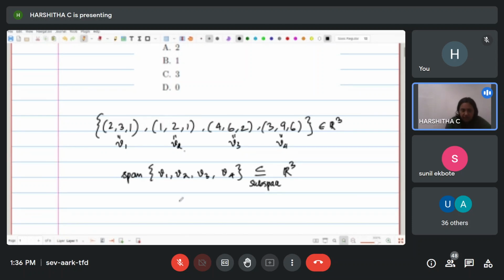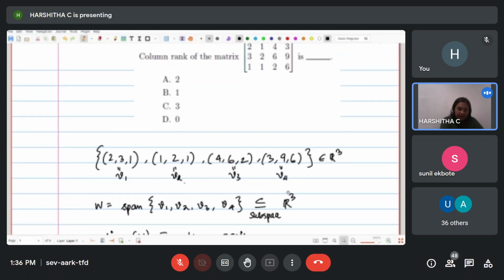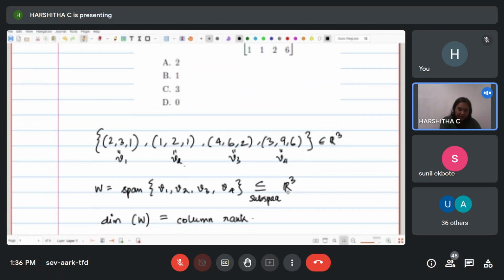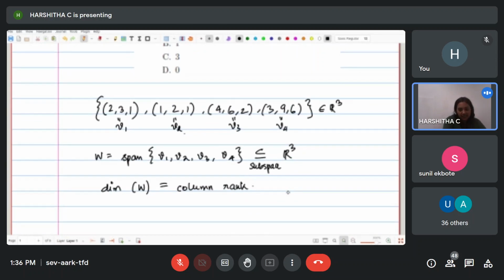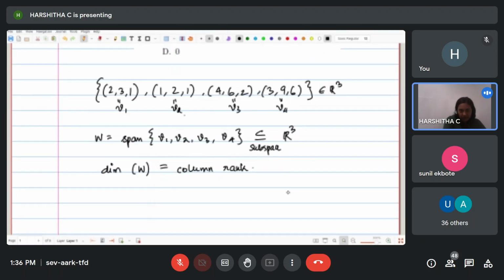And the dimension of this subspace, call it W. So the dimension of this subspace W is what is called the column rank. Definitely, since it's a subspace of R3, the rank will be less than or equal to 3.